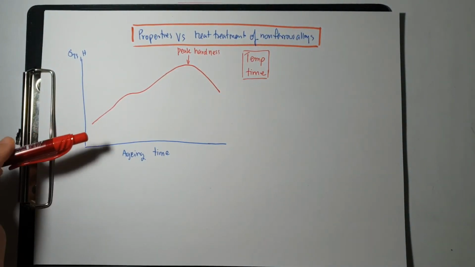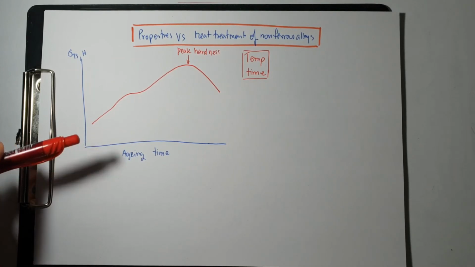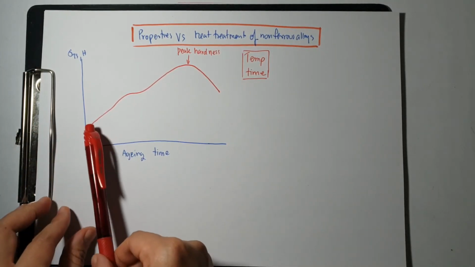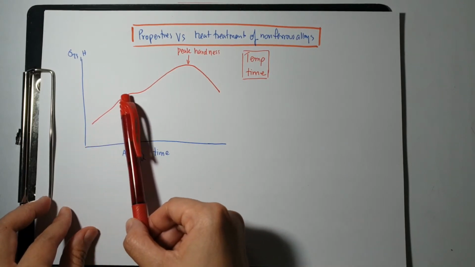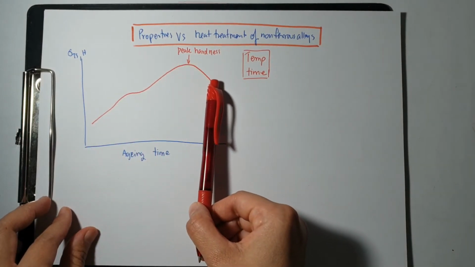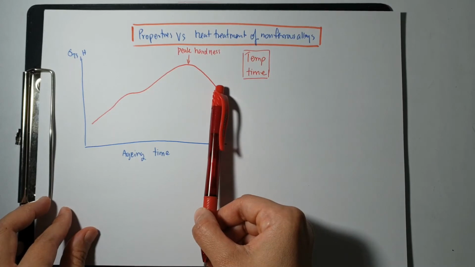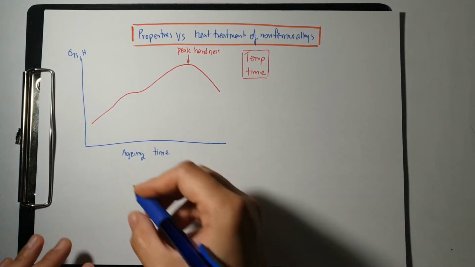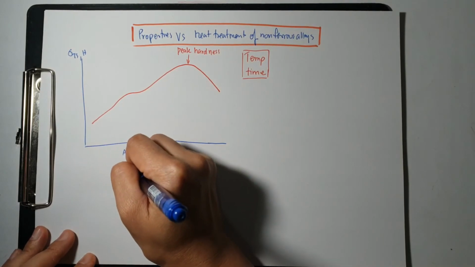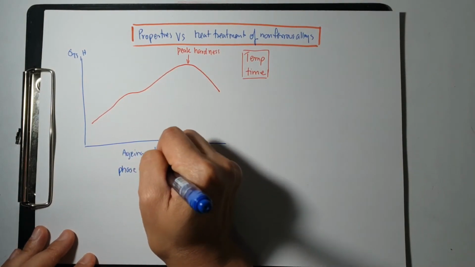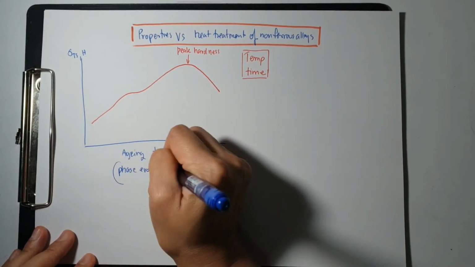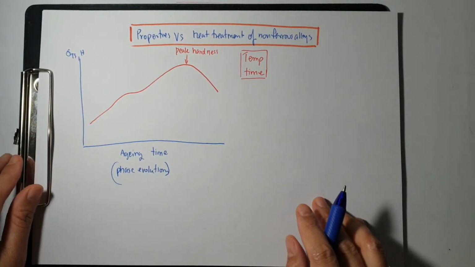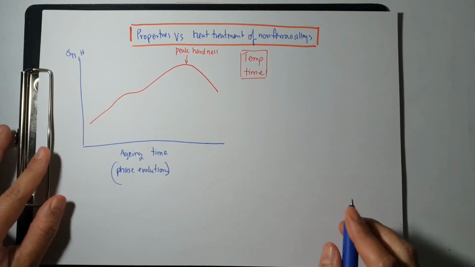And if we do the aging at a fixed temperature, okay, the hardness will increase to the top and then goes down. And this is because of the phase evolution during aging. Okay, and that I will draw some microstructure.